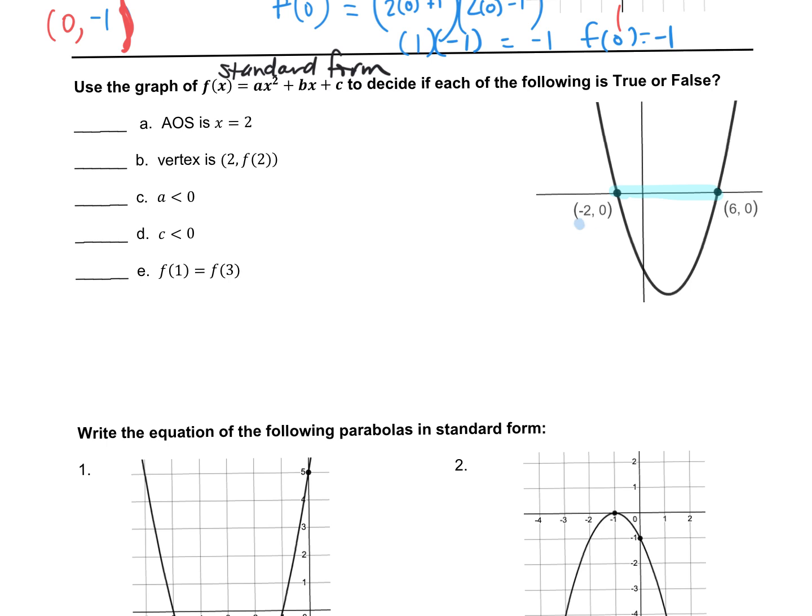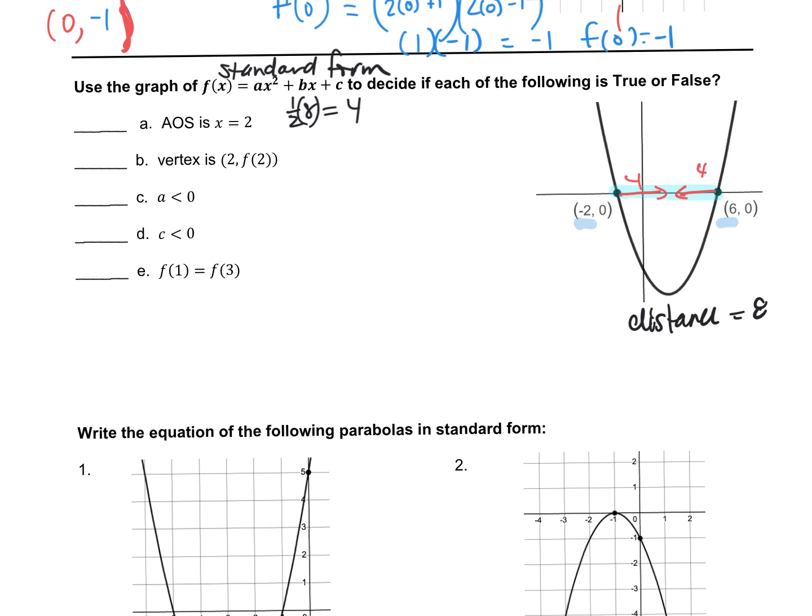Well, the distance between -2 and 6 is just 8. So if I want to know if the axis of symmetry is 2, half of 8 gives me 4. So from here to here, I go 4, and from here to here, I go 4. And the middle in between is my solution.